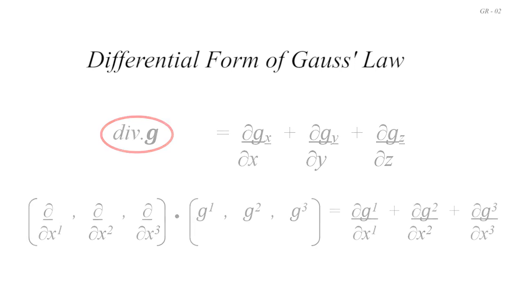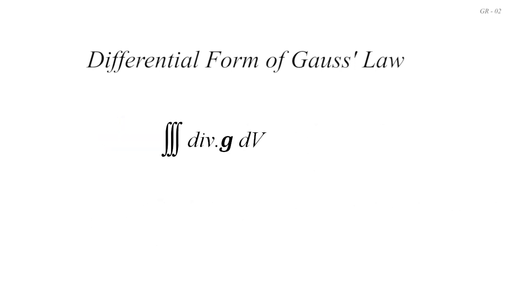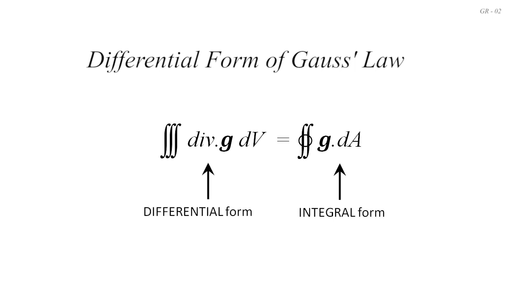This means that if we integrate this div g over the whole volume, which encloses a mass, the 3 dimensions, it will, in a sense, add up all those measurements of out minus in and give us the total difference between the number of flux lines that come out of the volume and the number that go in. That then is exactly the same as the flux in or out of the surface area enclosing the volume, and so it must equal the integral form of Gauss's law.